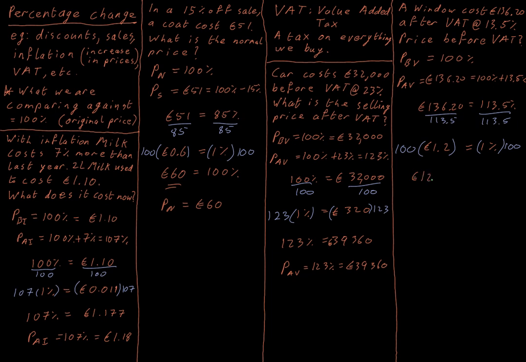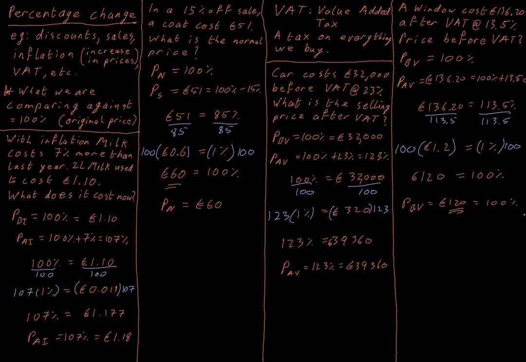So our price before VAT was €120. So that was our price before VAT. It's equal to our €120, and we figured out that that was the original situation. That was our 100%. So that's what we need for now.